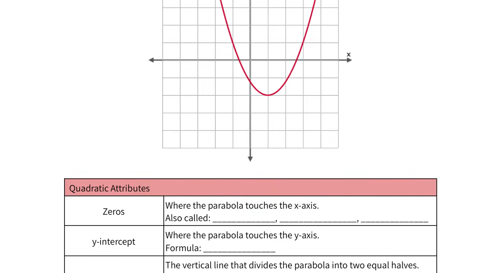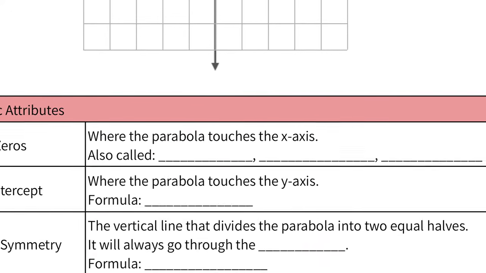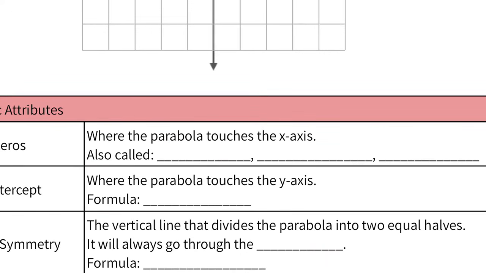So the first one is if they were to ask you for the zeros. Zeros are where the parabola touches the x-axis. But the confusing thing is they also go by other names. So, of course, zeros, but they are also called solutions, roots, or just plain and simple x-intercepts.